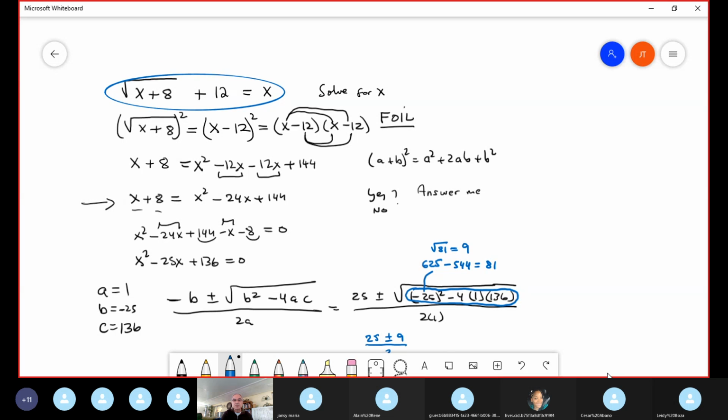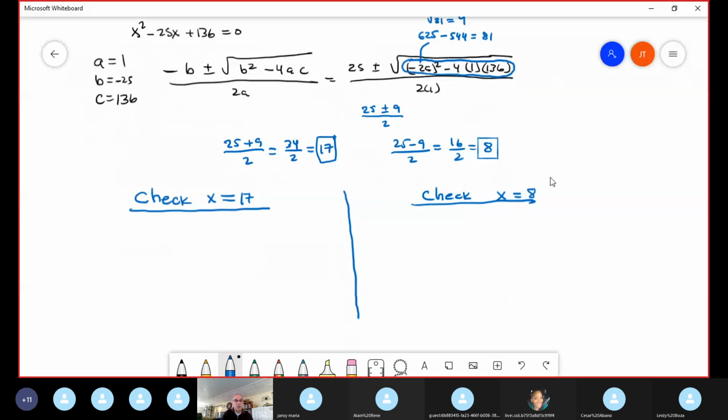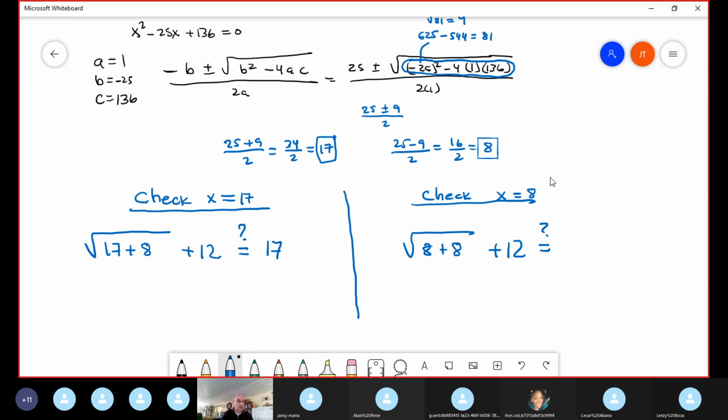So this is the square root of 17 plus 8, plus 12 outside the radical, should be equal to 17, which is x. And the second is the square root of 8 plus 8, plus 12, should be equal to 8.